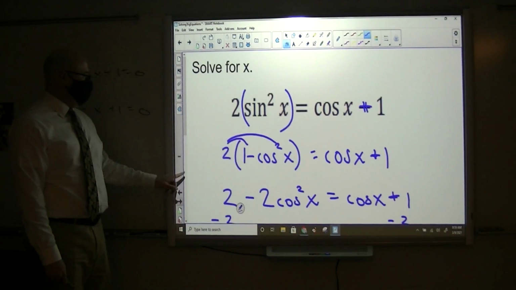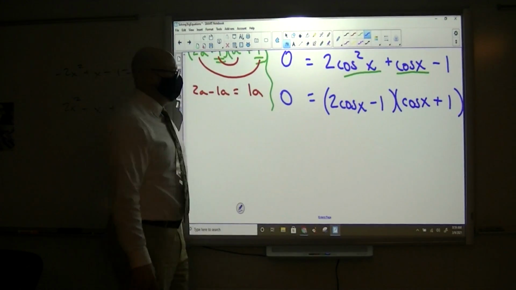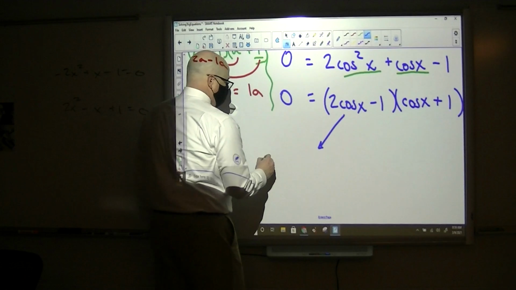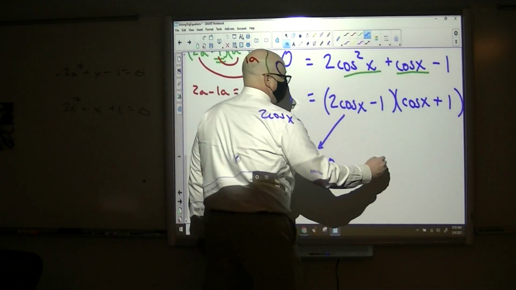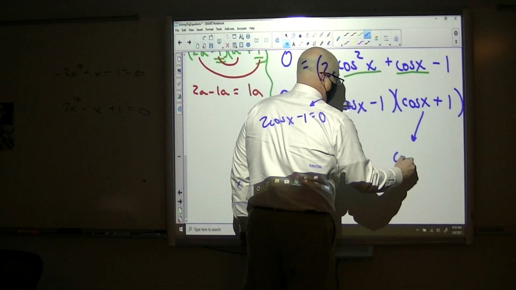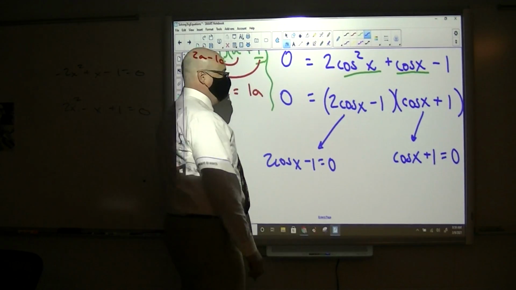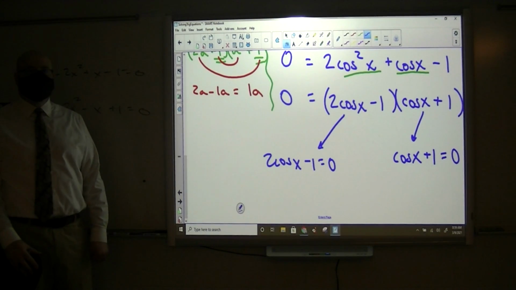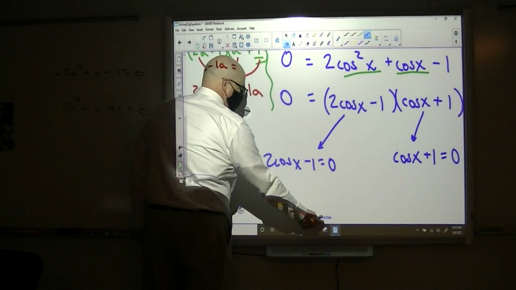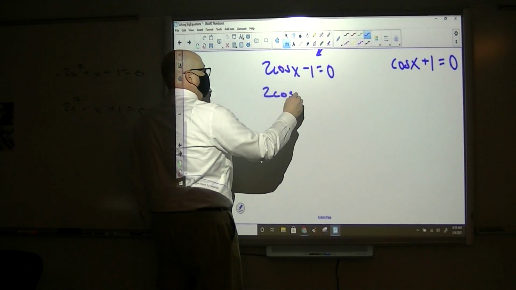Set each quantity equal to 0. So, we have 2 cosine x minus 1 equals 0, and we have cosine x plus 1 equals 0. And then we solve each one of these separately, as we've been doing this entire topic.